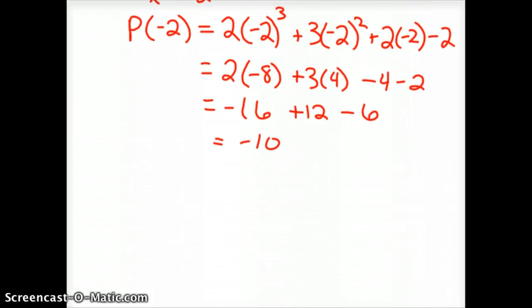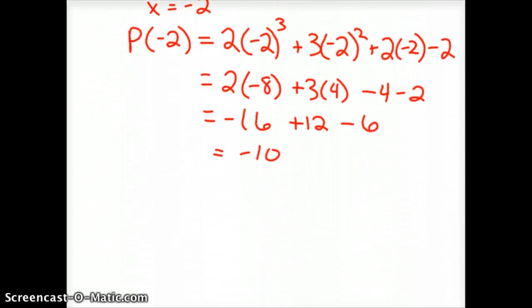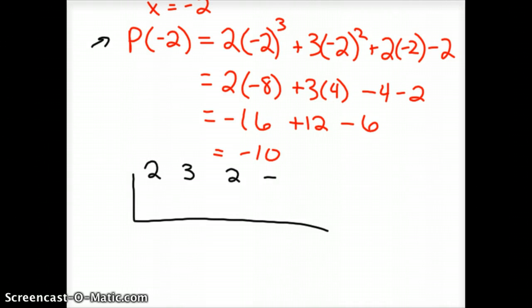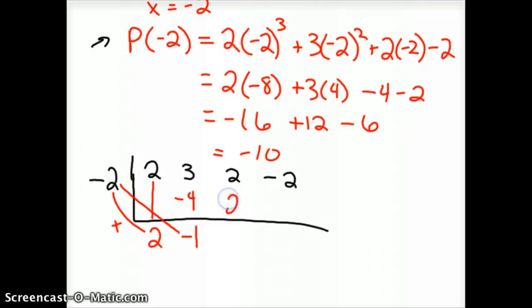So let's just check that with synthetic division. My coefficients are 2, 3, 2, and negative 2. And the root I'm dividing by is negative 2. So when you do these, you bring down your first coefficient, which would be 2. You multiply these, that'd be negative 4. Add down is negative 1. Multiply again, 2 times negative 1, you get positive 2.